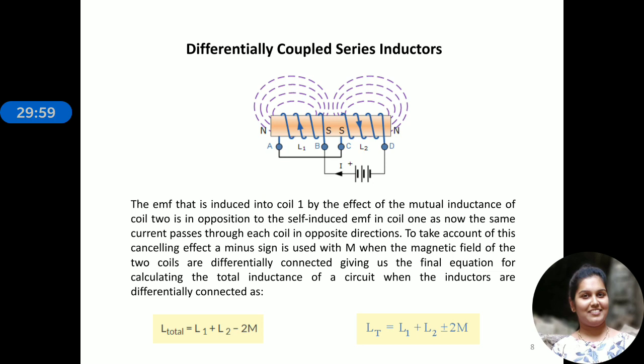Just by remembering these values, and also by remembering resistors, you can easily remember the series inductance values. For resistors it's one and the same. The total resistance will be equal to the sum of all the individual resistances, right? So here also the total inductance in a series circuit will be equal to the sum of all the individual inductances.